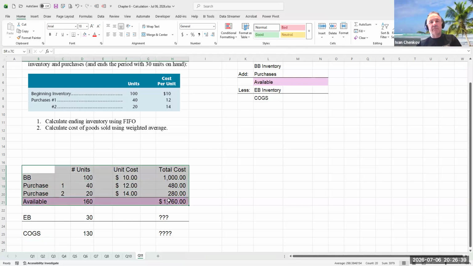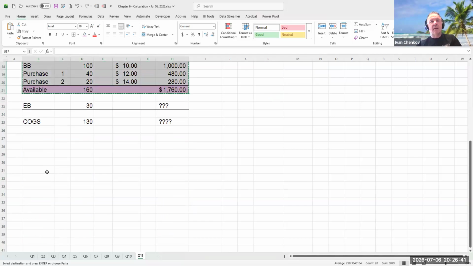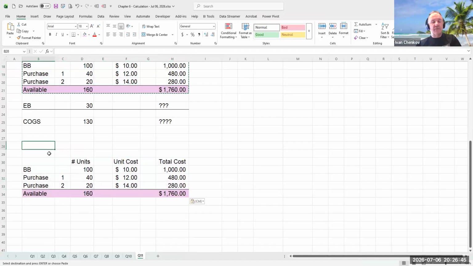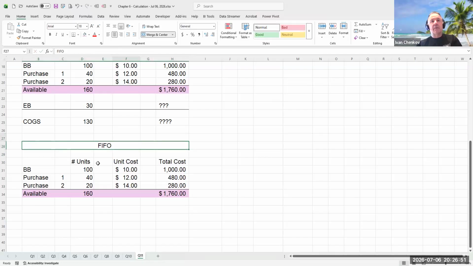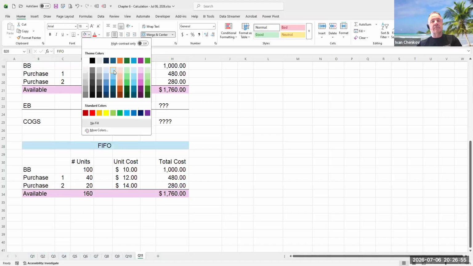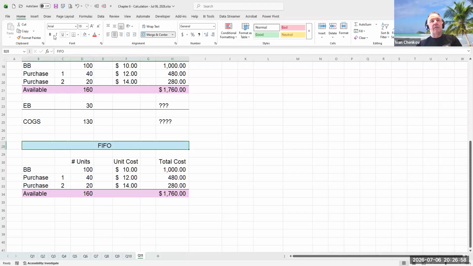I'm going to copy this and I'm going to move it here. And here we're going to use the first in, first out method. There are two options here.